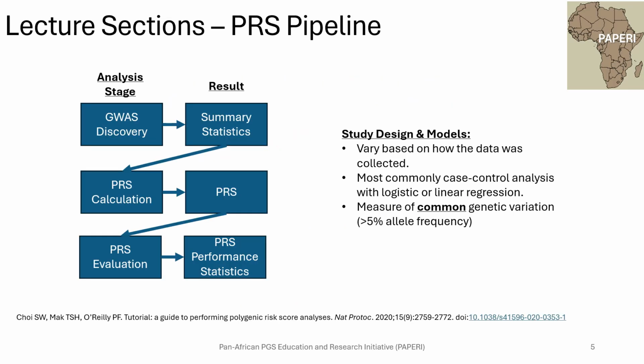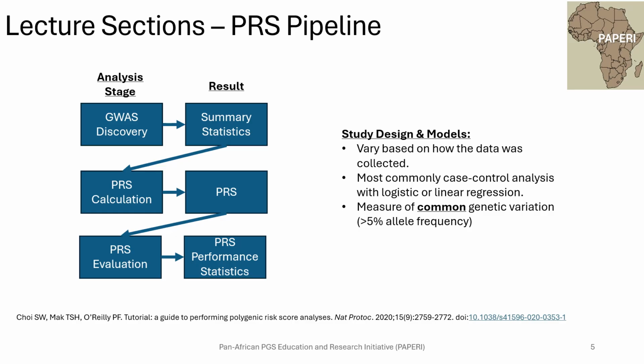So, in order for us to move through this lecture from understanding generally what a polygenic risk score is and how it's built, into actually calculating one and looking at how we assess performance, I thought it might be nice to give us a structure to follow.